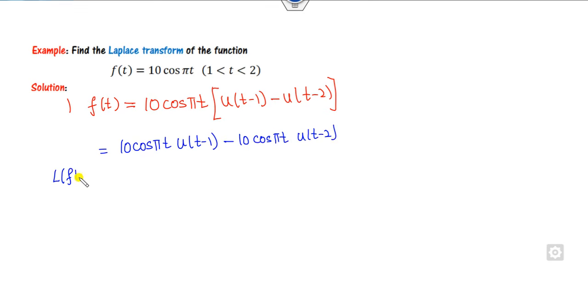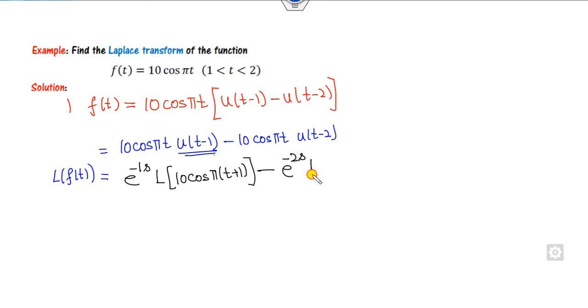Now find the Laplace of this. In this case a is 1, so e raised to power minus 1s Laplace of 10 cos pi of t plus 1, minus, in this case a will be 2, Laplace of 10 cos pi of t plus 2.